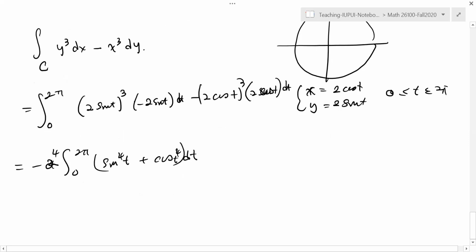So let's look at sine squared, which is half of 1 minus cosine 2t, and cosine squared t is half of 1 plus cosine 2t. I hope you still remember this.